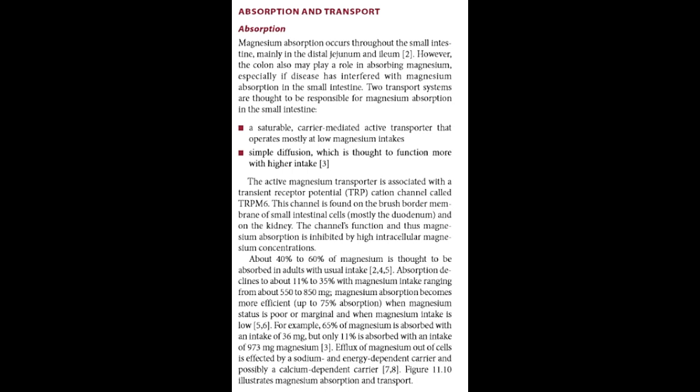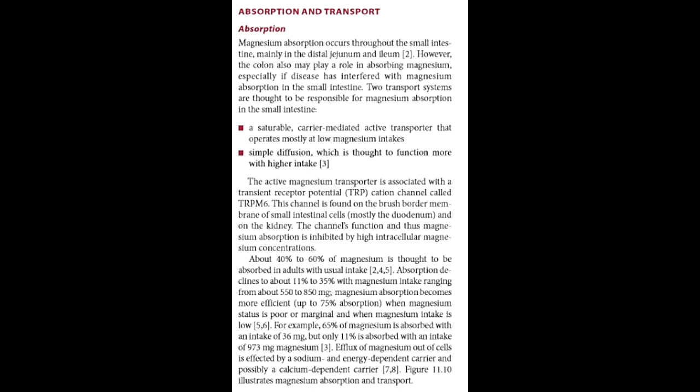That is, when you have very low magnesium in your diet, at that time the active transporter will play a role because it's a carrier mediated mechanism. Another one is simple diffusion, which is thought to function more with higher intake of magnesium. Suppose you have taken high magnesium content food, then simple diffusion will take place.